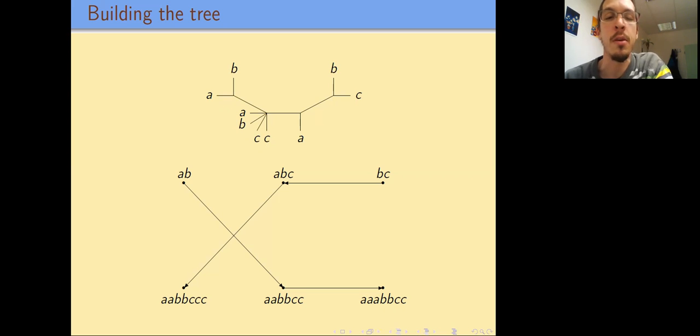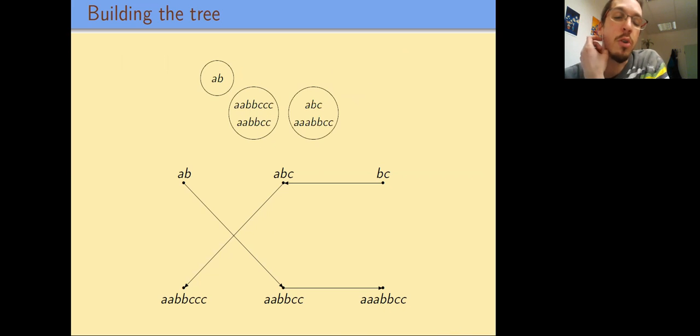It's the same thing. You get in the end a MUL-tree displaying the split system, which is exactly the MUL-tree corresponding to the subgraph we started from.